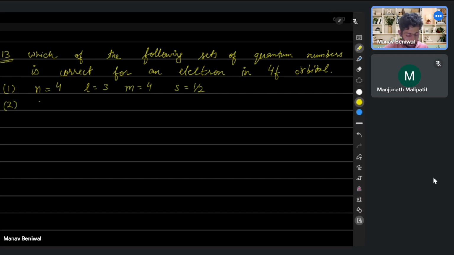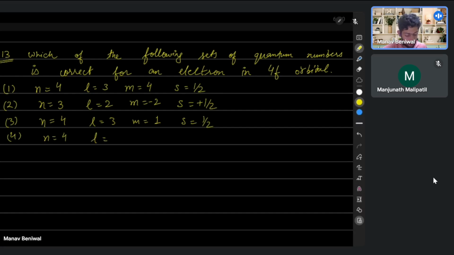Second option, n is 3, l is 2, m is -2, and s is half. Third option, n is 4, l is 3, m is 1, and s is half. Fourth option, n is 4, l is 4, m is -4, and s is -half.